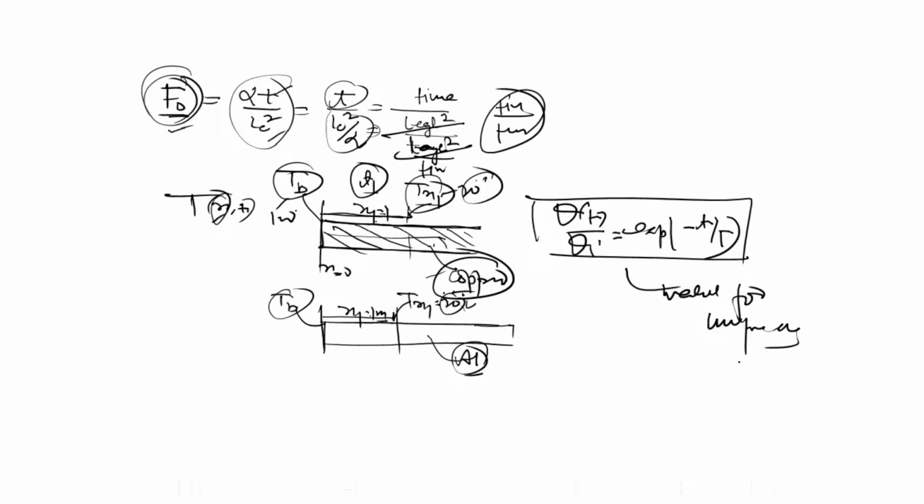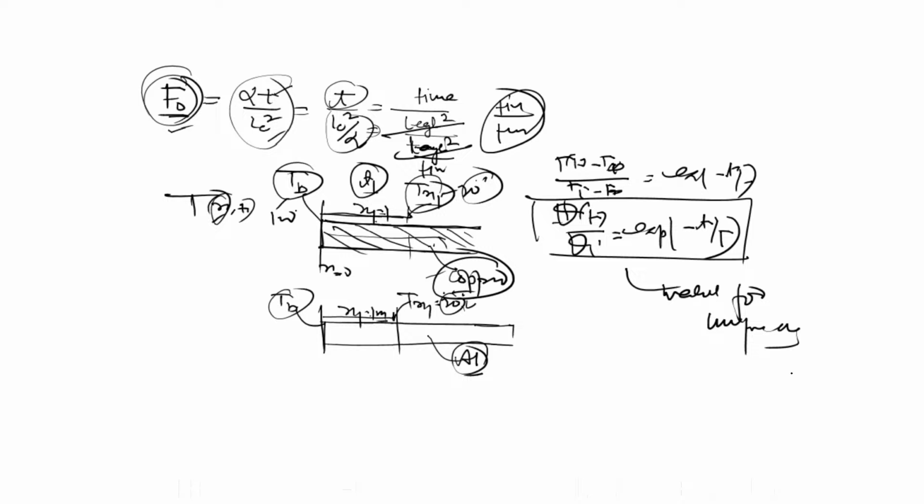Because someone can say, sir, I can use this formula, because theta T, temperature at time t minus T infinite upon Ti minus T infinite, is equal to exponential minus t upon tau.